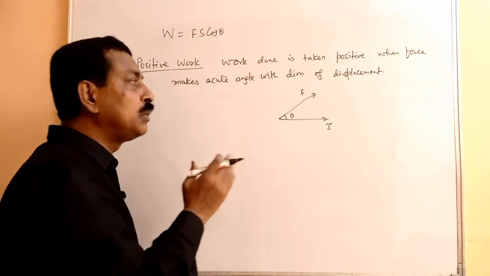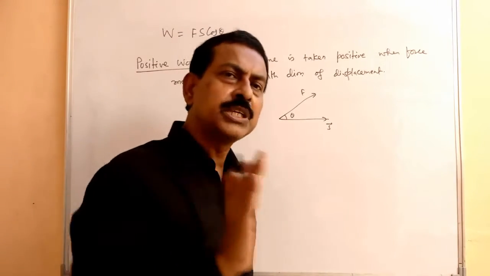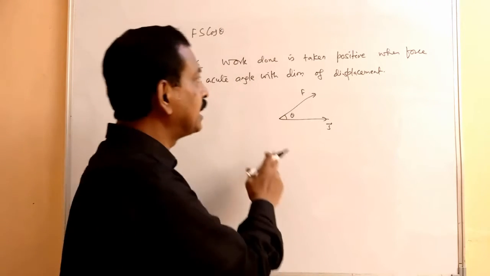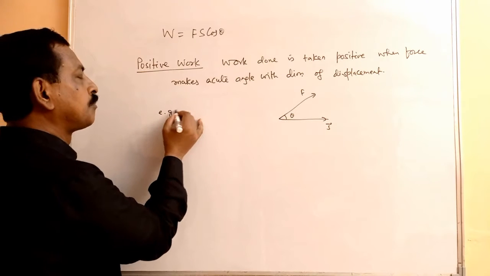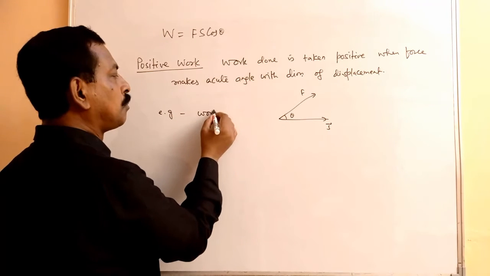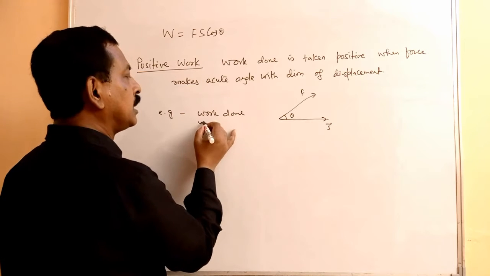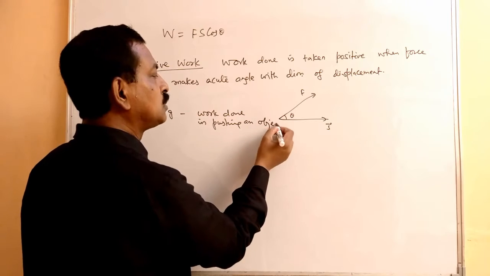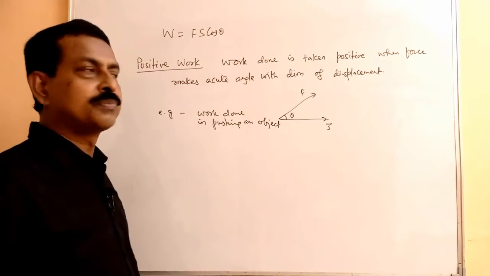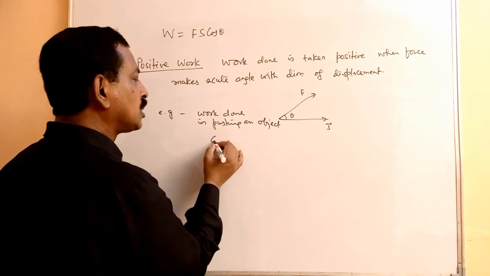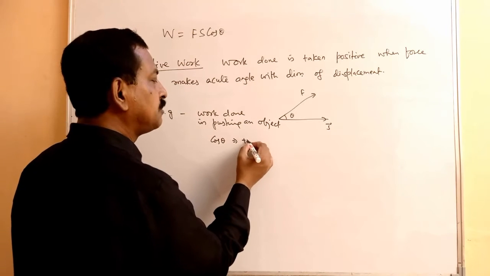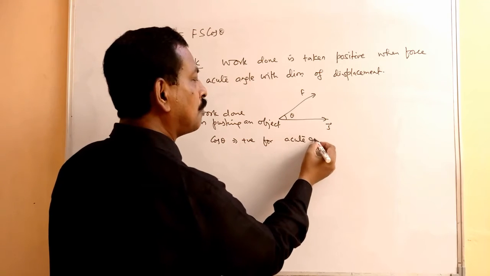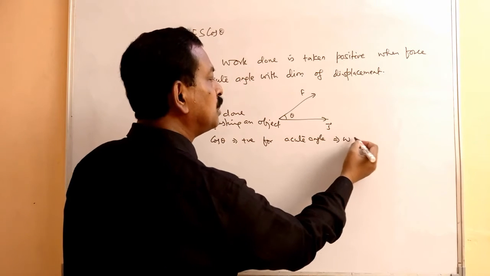In fact, what will be the example of such? If you are pushing an object, in that case work done will be positive. So here, for example, work done in pushing an object, this will be taken as the positive work. Why is it so? Because cos theta is positive for acute angle, so W will be positive.